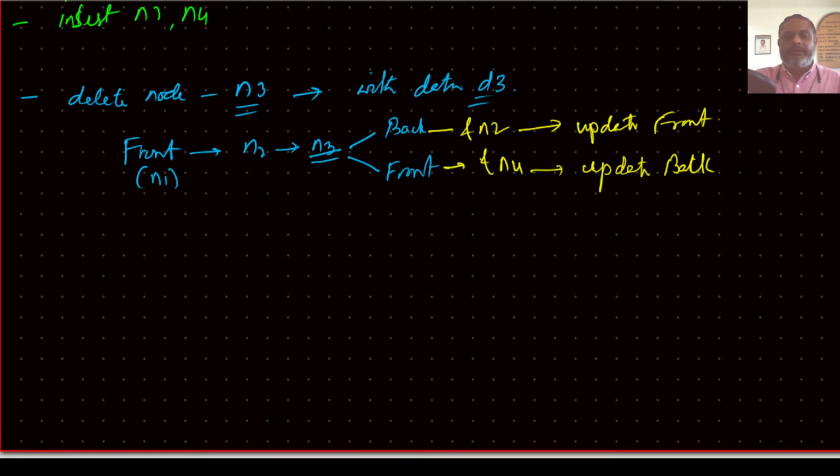So where do we have that value? This you write, back of N3, and this you write, front of N3.